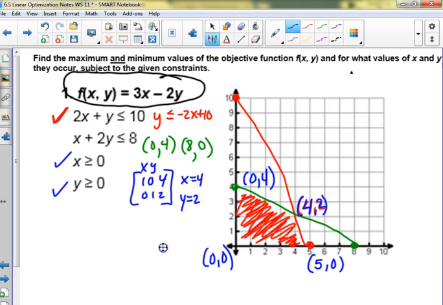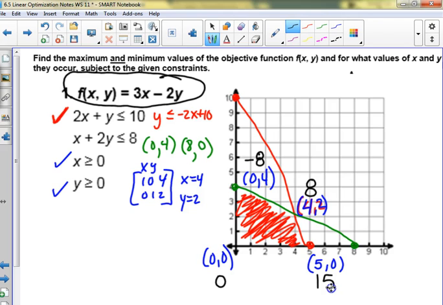0 might, okay. So let's put all the values into the function. Doesn't that seem like the easiest thing to do? We put in 0, 0, we get 0. If we put in 0, 4, we get out what though? Negative 8. If we put in 4, 2, we'd get 12 minus 4 is positive 8. Did I do that right? Put in 5, 0, we'd get out 15.